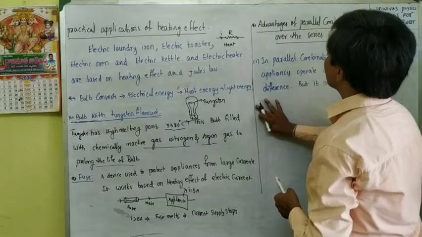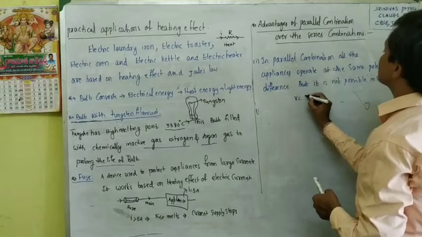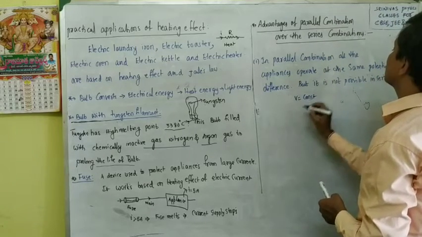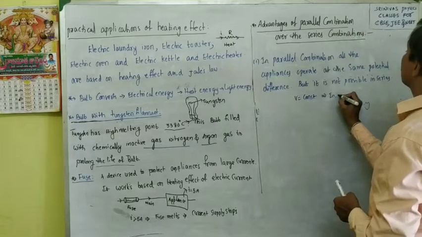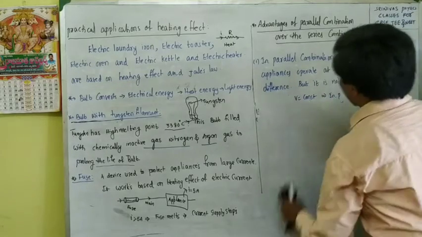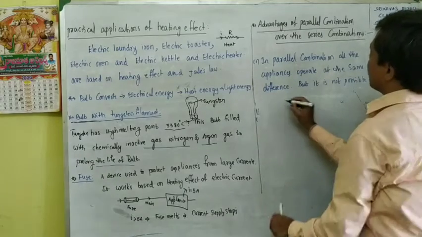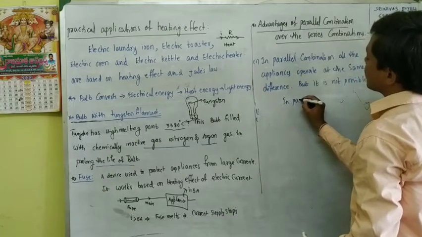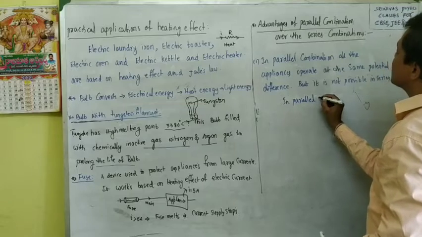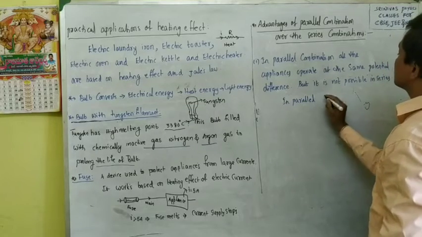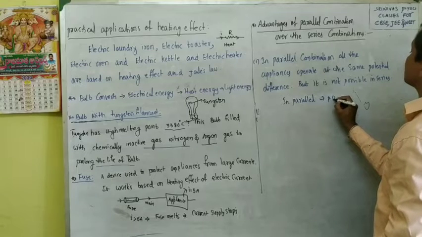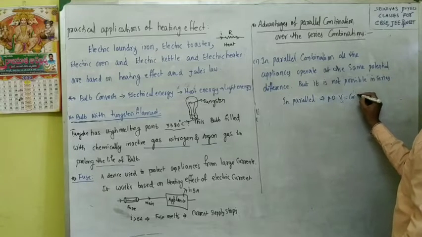The first point is that the potential is constant. This is the advantage. The second point is that in parallel combination the potential difference V is constant.